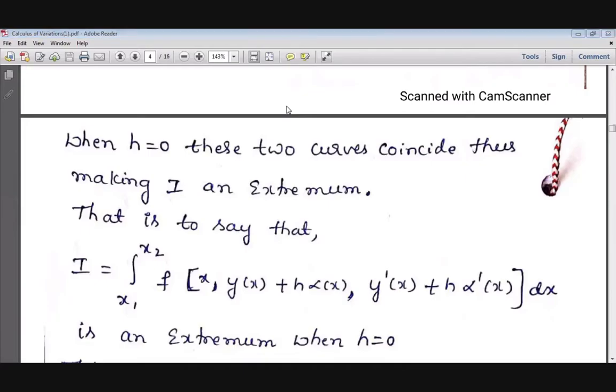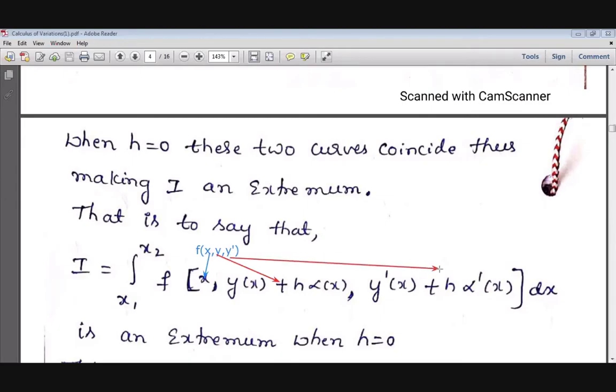I'll write that here. F of x, y, y dash, dx, equal to as it is, no change. But y is equal to y of x plus h alpha of x.